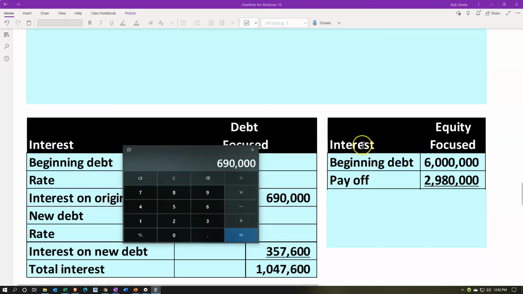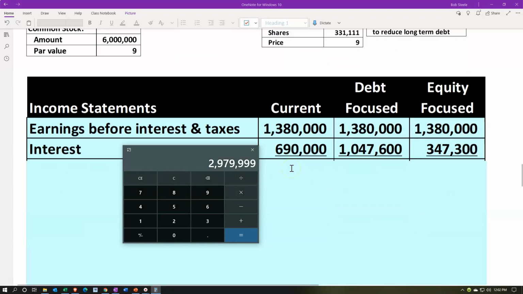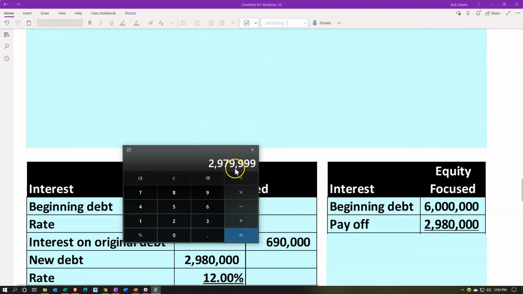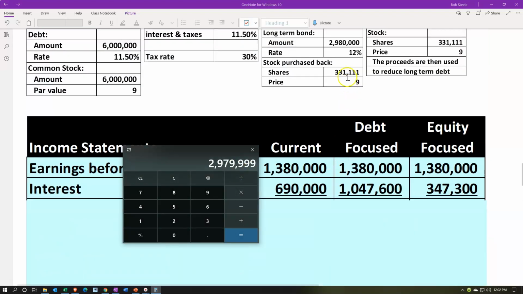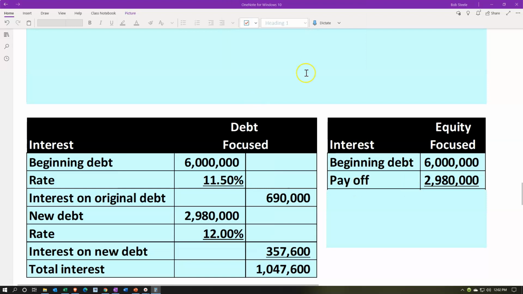We're selling 331,111 shares of stock at $9, which is really 2,979,000, but that's because this number is rounded right here. So really we're going to use the 2,980,000, rounded to the same amount we had over here for the new debt. So we're doing kind of the opposite of the new debt.